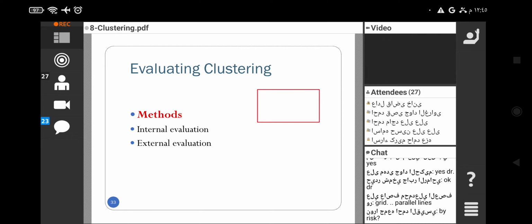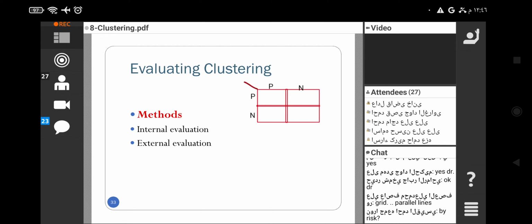Okay, if we have data with two classes, and we name the classes positive and negative, we have a table here, a matrix, with positive and negative.